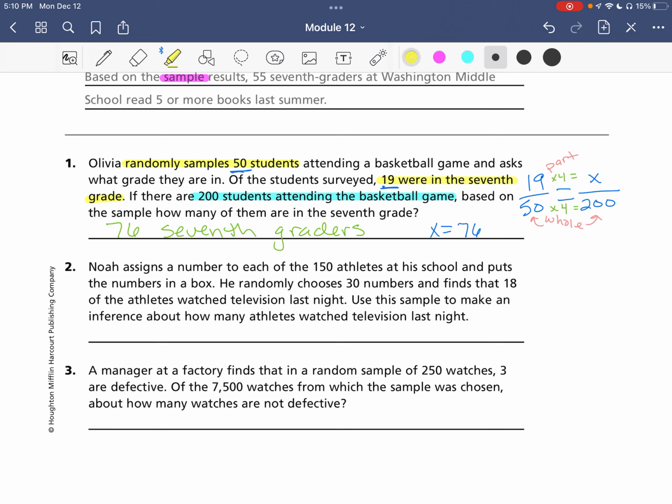We're going to have our random sample. So we have a total of 30 and then 18 watch TV. And then our total is out of 150. So we're going to have our 18 over 30 equals what over 150?